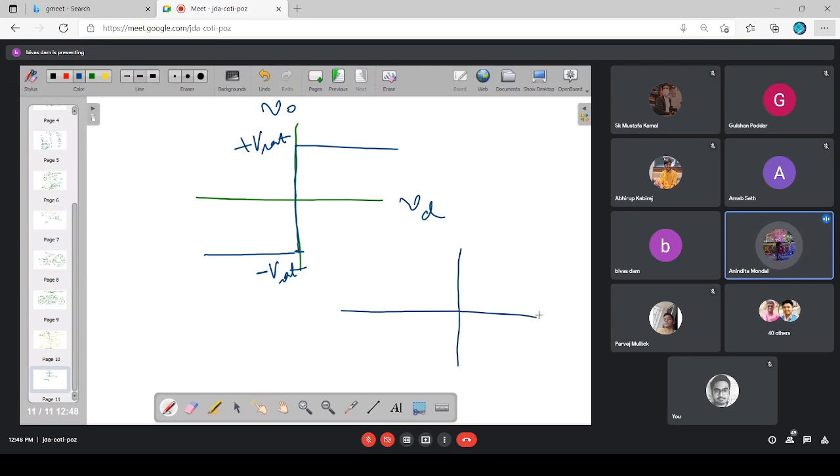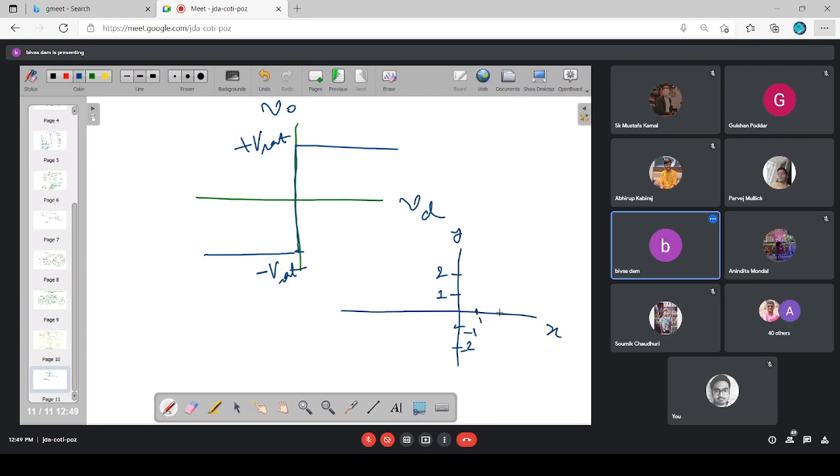Output will be either high or low. Fine. You, next step. So it will act as a switch. Next stage.